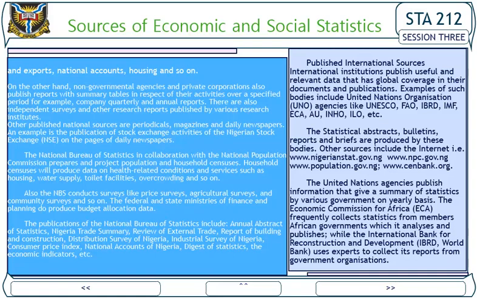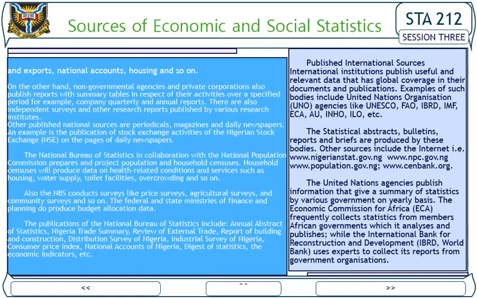For example, company quarterly and annual reports. There are also independent surveys and other research reports published by various research institutes. Other published national sources are periodicals, magazines, and daily newspapers. An example is the publication of stock exchange activities of the Nigerian Stock Exchange (NSE) on the pages of daily newspapers.